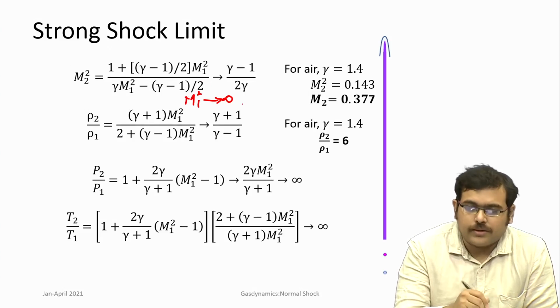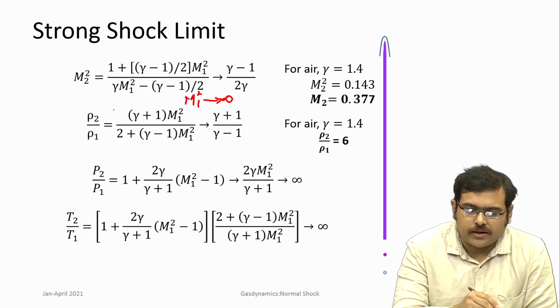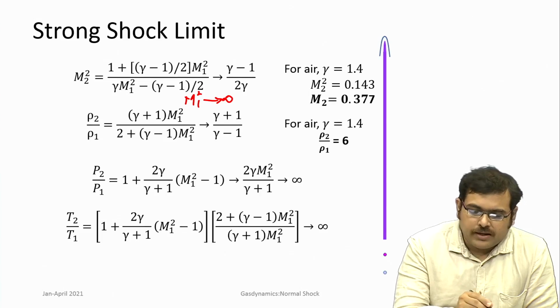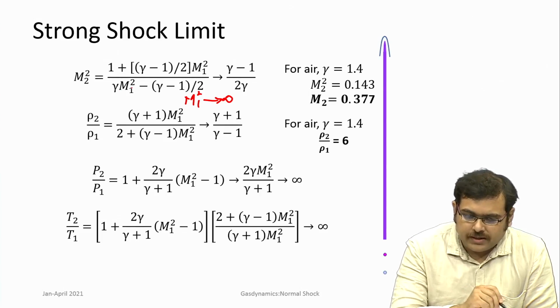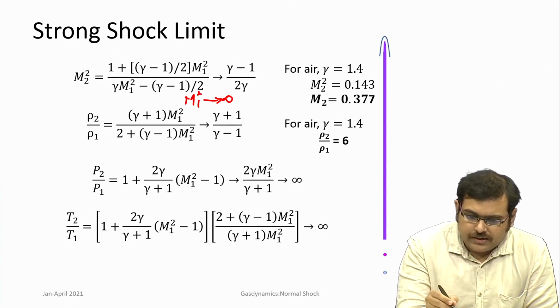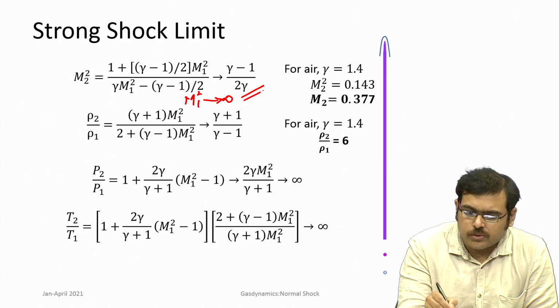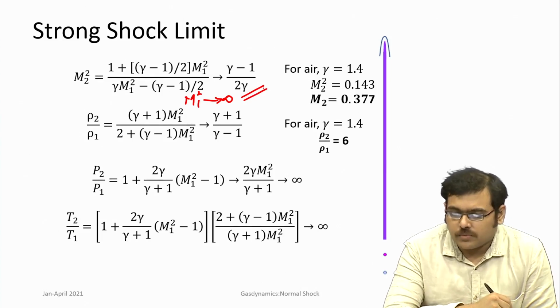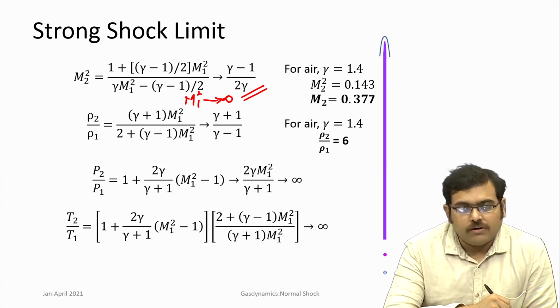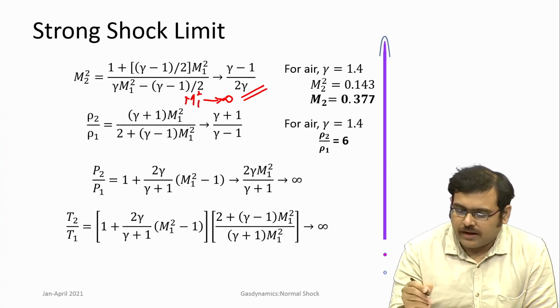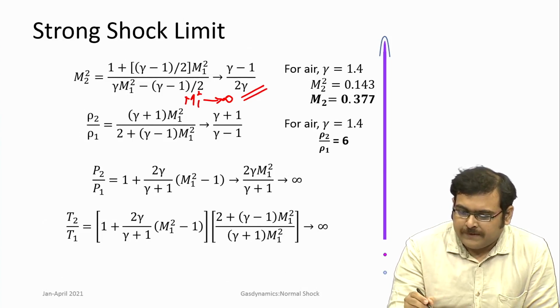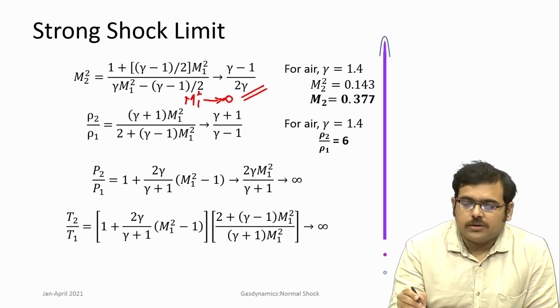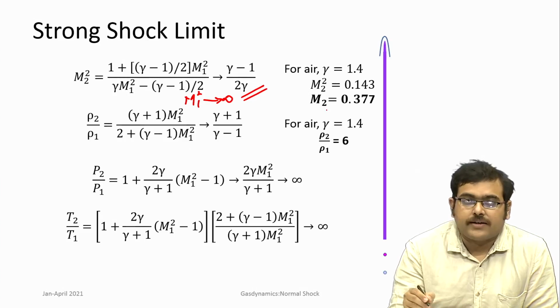As M1 square goes to infinity, 1 by M1 square goes to 0, and if you apply that limit, you see that M2 square tends to a finite value, which is gamma minus 1 by 2 gamma for a calorically perfect gas. So, M2 reaches finite values as Mach number tends to infinity.